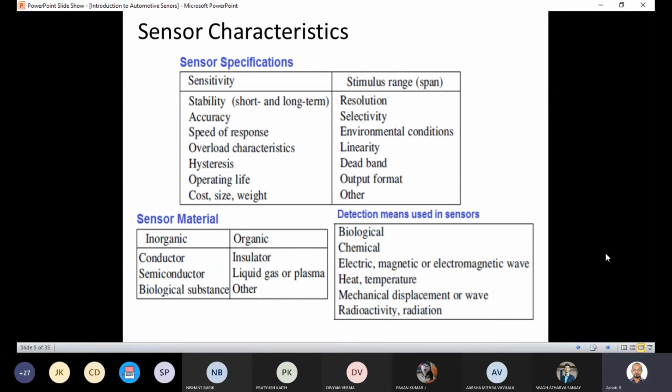For example, if you want to measure biological or chemical aspects, a particular biological substance or specifically made materials, liquids, gases, or plasma technologies may be used. By using a sensor, you can detect a variety of signals: biological, chemical, electric, temperature, mechanical displacement, or radioactive signals. All these different varieties of signals can be measured with the help of sensors.